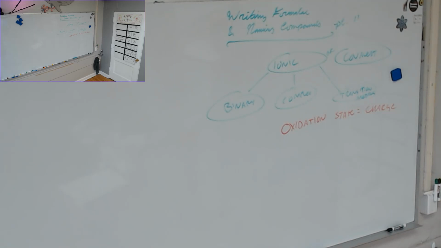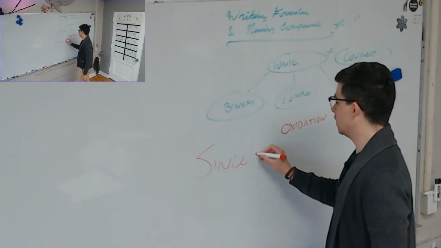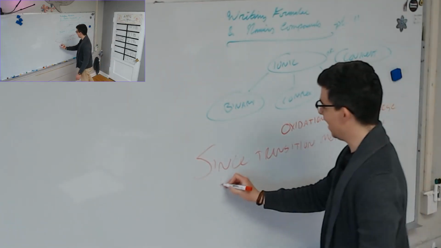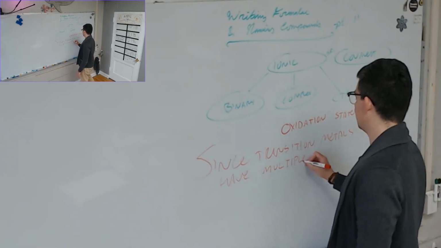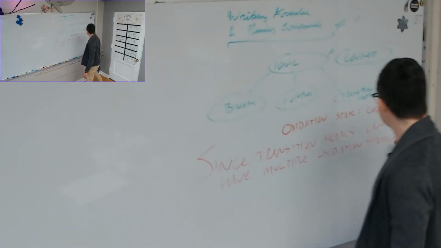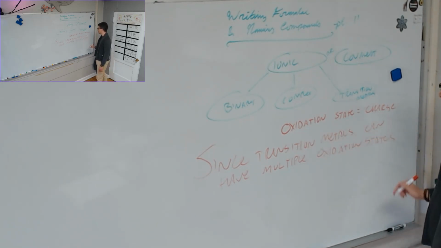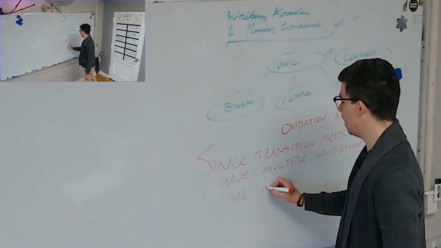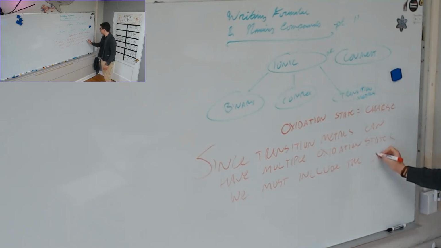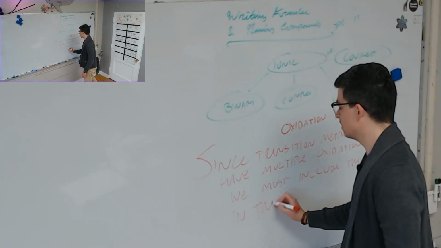Since the transition metals, this is very important, please write this down. Since transition metals can have multiple oxidation states, and I wish my phone wasn't ringing, you're just going to have to ignore it, oxidation states, that's plural, we must include the, I'm going to abbreviate oxidation state as OX state, in the, fill in the blank, what do you think?